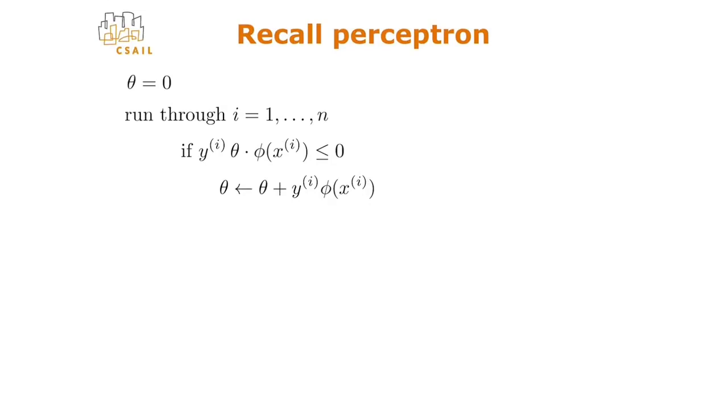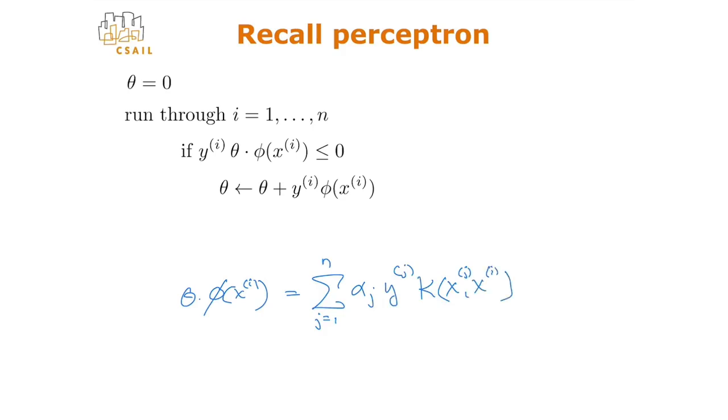So let's look at the cleaner version here. What we've seen so far is that the parameter vector theta, how it makes predictions, can be written as a sum over the training examples multiplied by how many times we made a mistake on that example, the corresponding label, times now the kernel function between the jth example and the ith example.